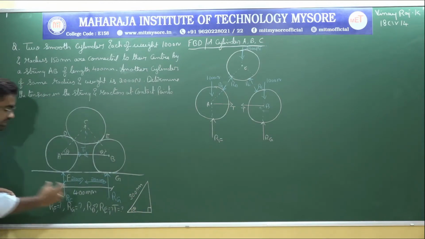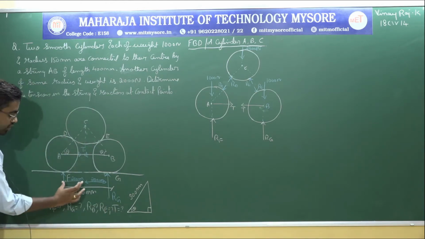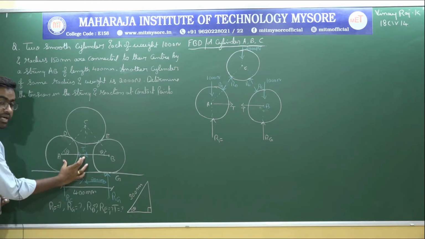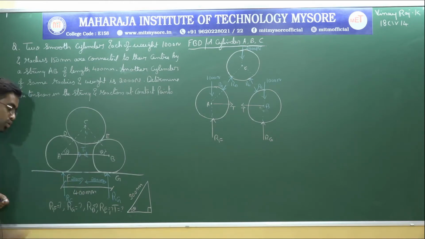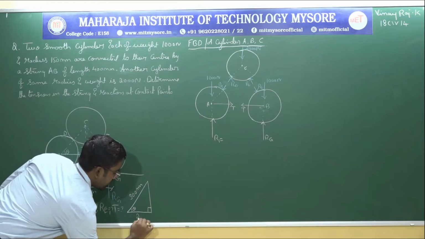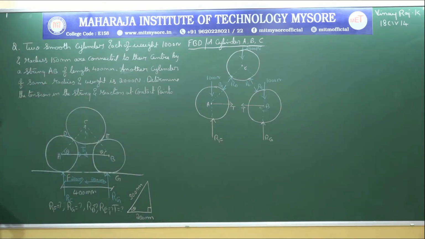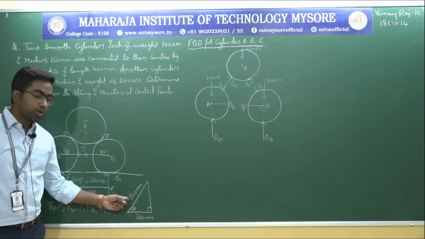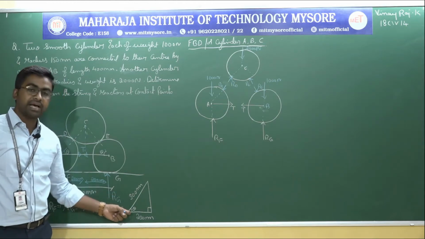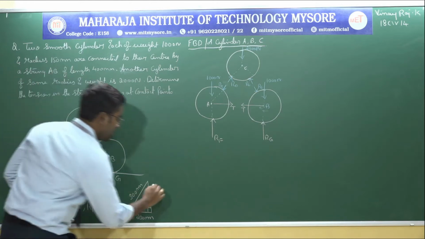Now let us calculate the adjacent side. So I have already mentioned here, from here to here the distance will be equal to 200 mm. Now this is the hypotenuse and this is the adjacent. To get the value of theta, I need to consider the cos.